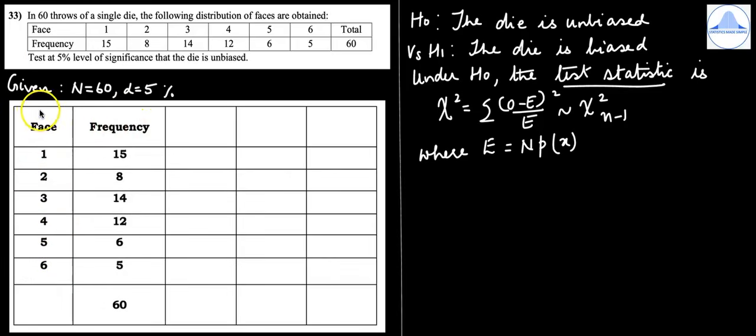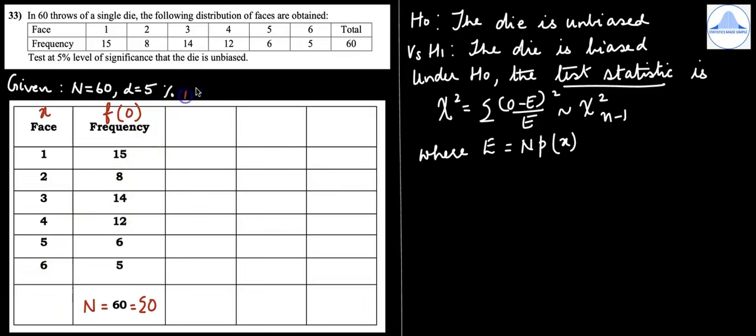So firstly, you have to mark face as X, then frequency. So frequency will be both F and it will also be O. So here you can write capital N is equal to 60 and this is same as summation O. Next, we have to find out E. So E is N into P of X. So now in the given question, actually the number of faces on a die is 6.